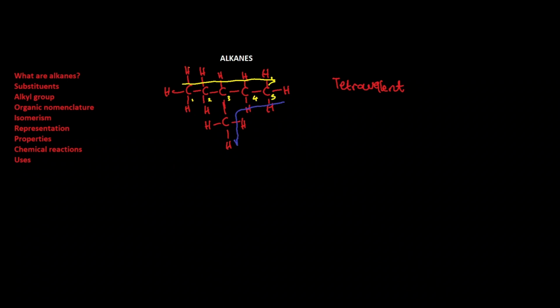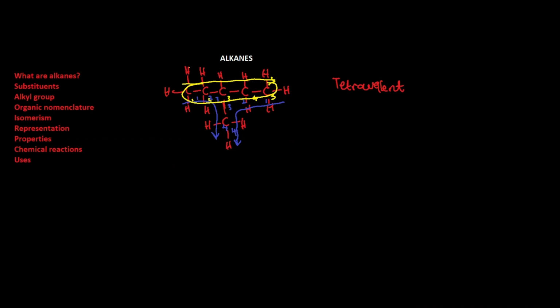Now if we take this to be the longest chain, remember it must be the longest and continuous, then we would have 1, 2, 3, 4. Now this is less than the 5 that we originally had. And if we take this to be the longest chain, we would have 1, 2, 3, 4. So it's quite evident that the longest chain is the one identified with the yellow mark. So this is the longest chain.